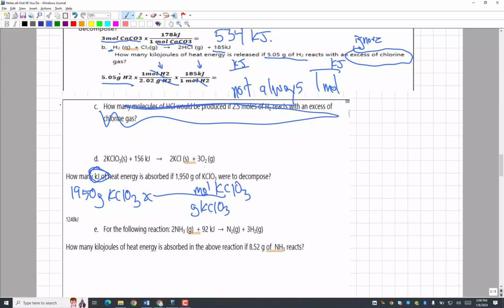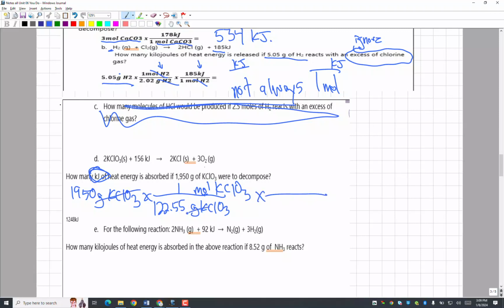Always go through moles, always go through moles. So I have to add up KClO3. 39.1 is potassium, plus 35.45 is chlorine, plus 3 times 16, 48, is oxygen, and it's 122.55. Number 1 goes with moles, unless I'm doing moles over moles or heat.